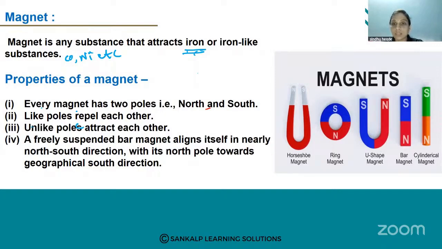First one is the horseshoe magnet, and the second one is the ring magnet. It is in ring or circular shape, that's why we call it a ring magnet. Then the third one is the U-shaped magnet, because it is in U-shape.